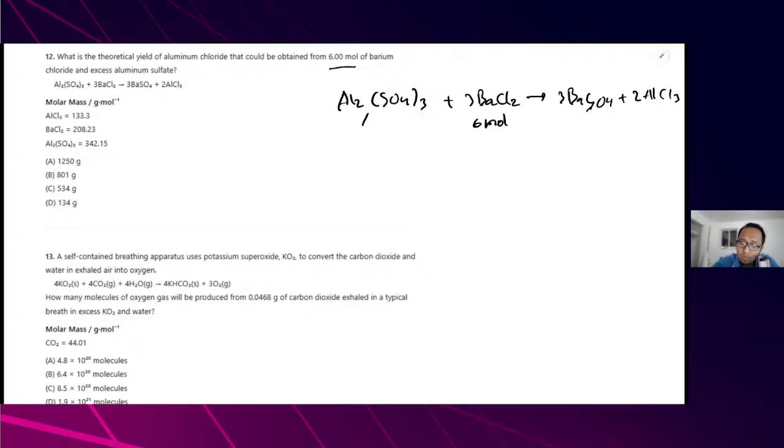Regarding this information, barium chloride would be the limiting reagent, or limiting reactant.